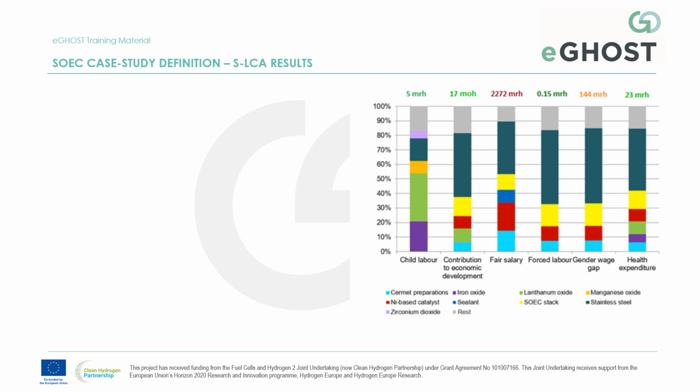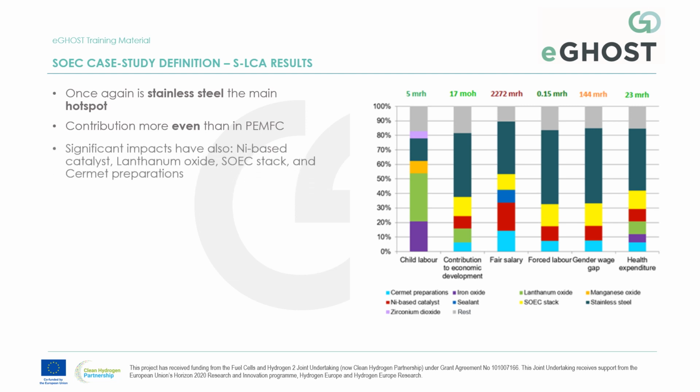And at the end, again, the social life cycle results. Once again, stainless steel is the main hotspot, but here the contribution is more even than for the PEM fuel cell. Significant impacts also come from the nickel-based catalyst, the lanthanum oxide, the production of the solid oxide stack, and the cermet preparations.